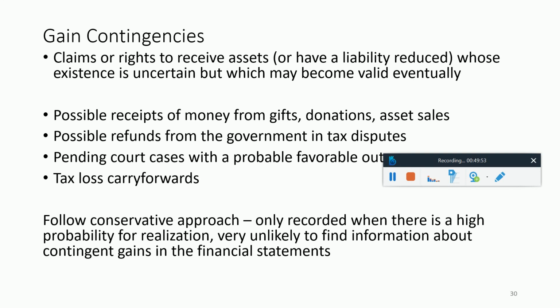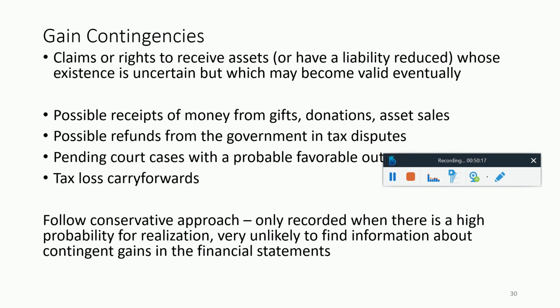Now, gain contingencies under US GAAP follow a very conservative approach, and that is that we are only going to record a gain contingency when there is a high probability of realization. It is very, very unlikely that you are going to find information about pending gain contingencies in the financial statements.